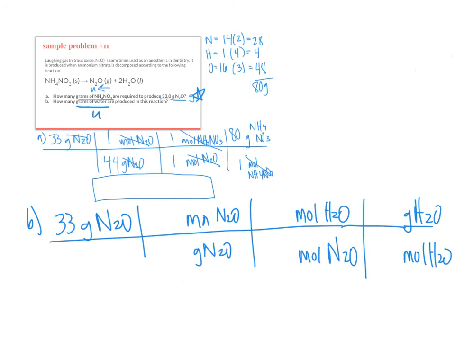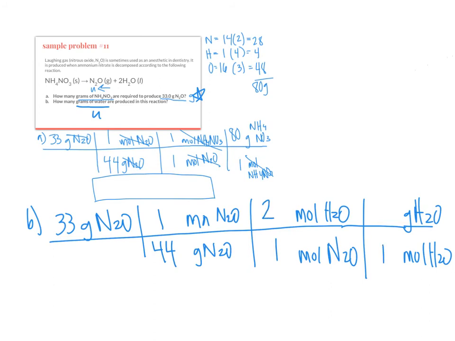Here, you will use the molar mass again, which we found in part A. So 44 grams of N2O equals 1 mole of N2O. Using the balanced equation, 1 mole of N2O equals 2 moles of H2O.